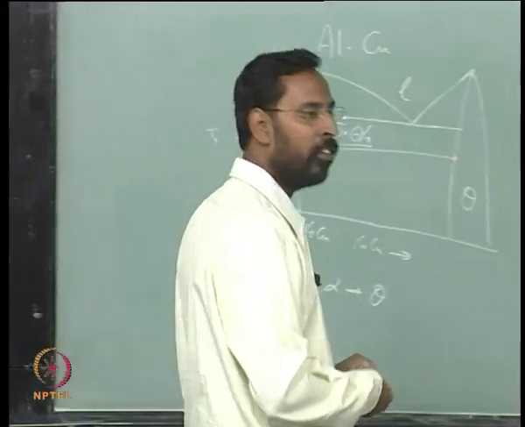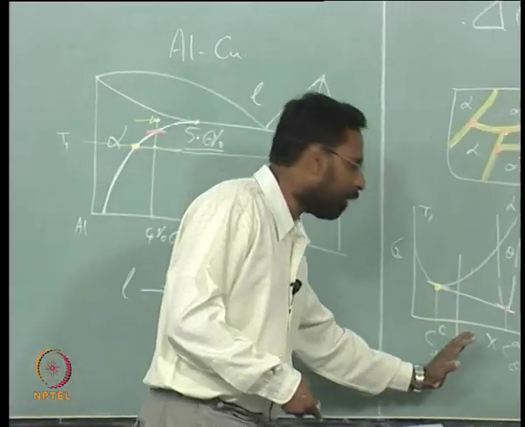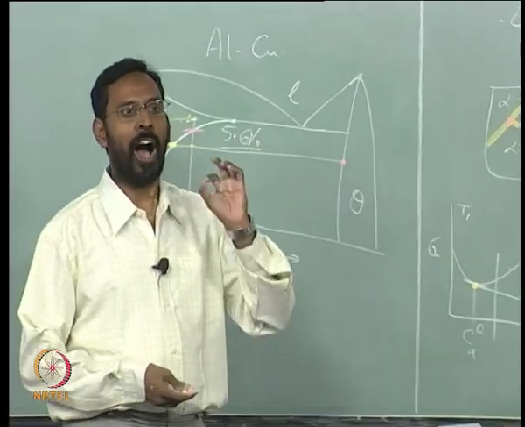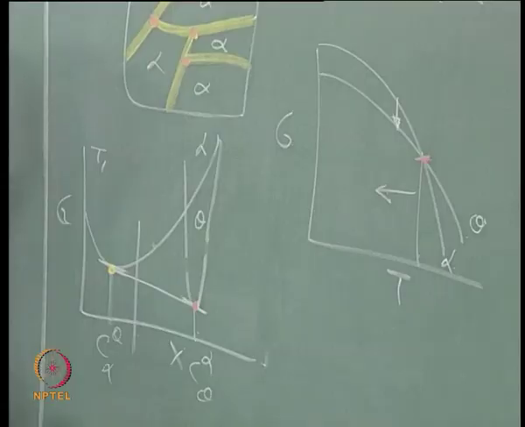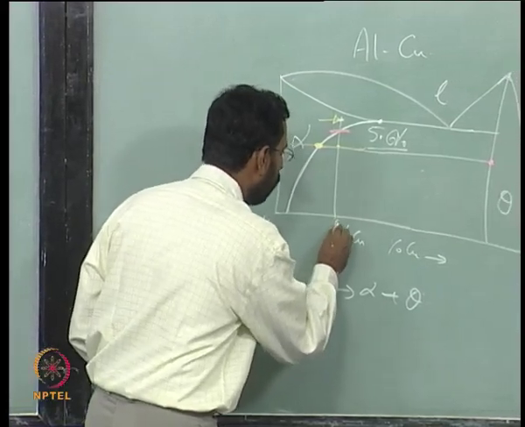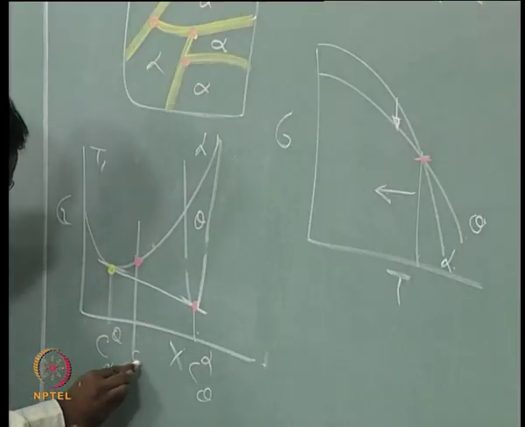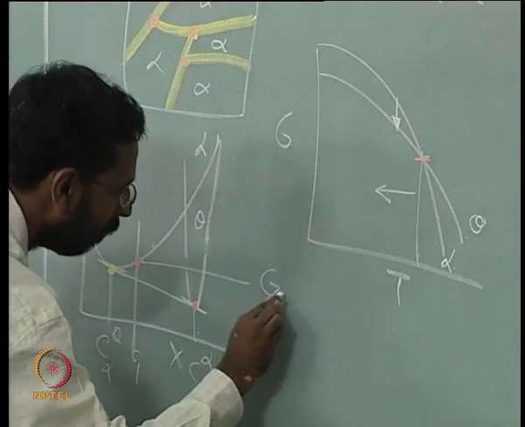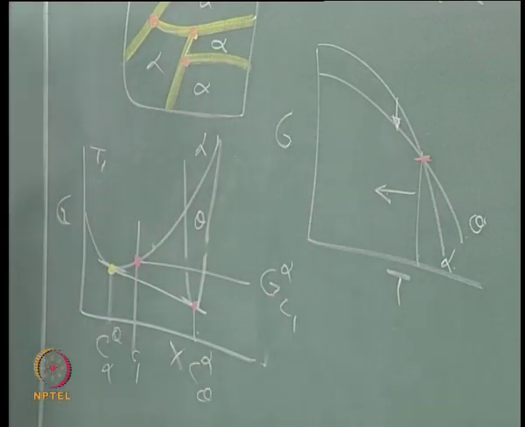The intersection point of this vertical line on the alpha curve gives you the free energy of alpha having that composition, 4% copper. I will call it C naught, or C1 composition for your benefit. So that is the free energy of alpha, G of alpha of C1 composition.